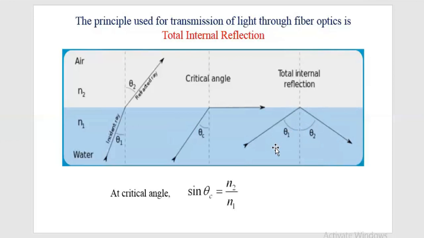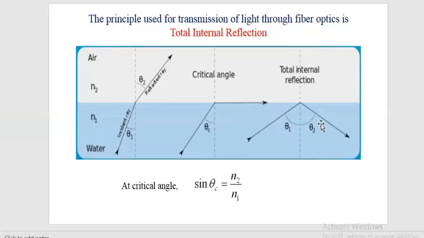When a light ray is moving from denser medium to rarer medium, the ray reflects back into the same denser medium when the angle of incidence is greater than the critical angle. This phenomenon is called total internal reflection. Using this principle, the rays move in the optical fiber material.